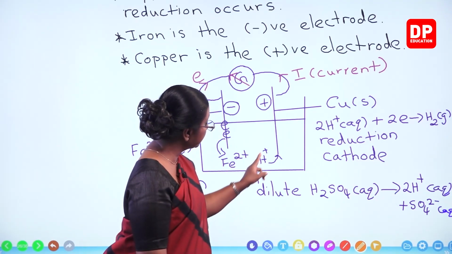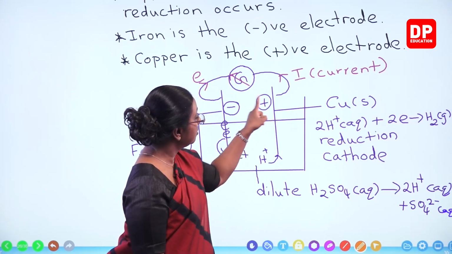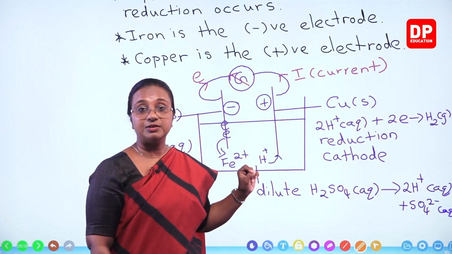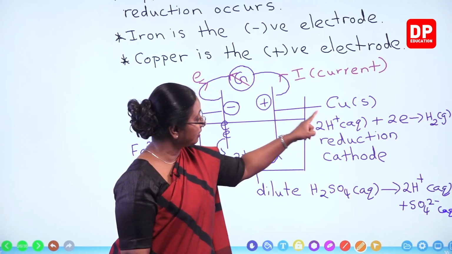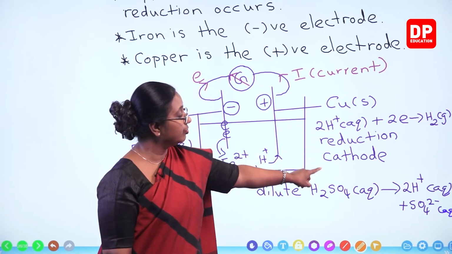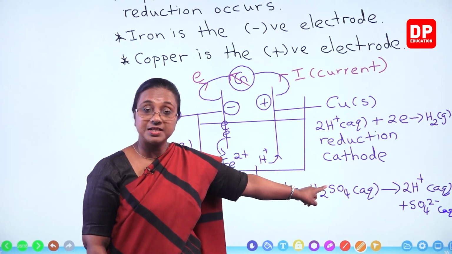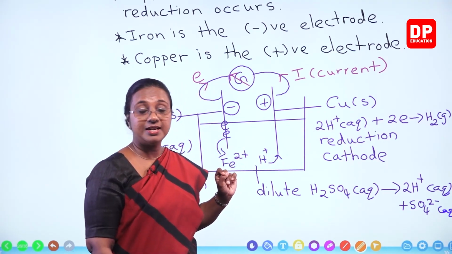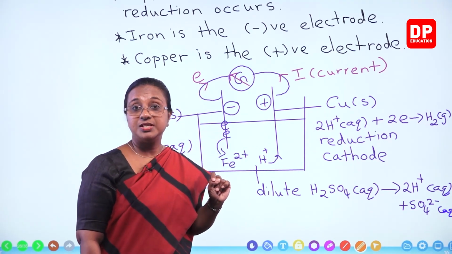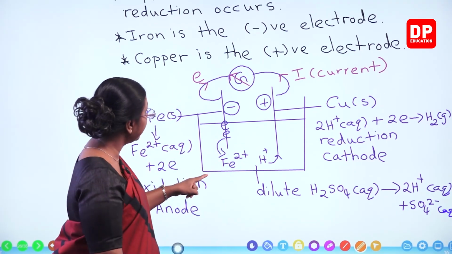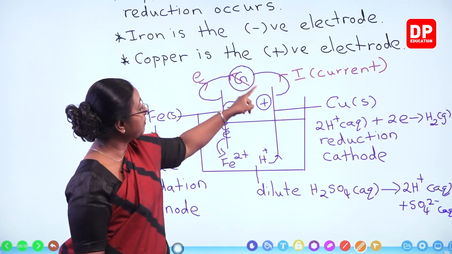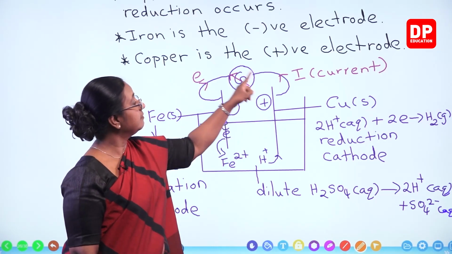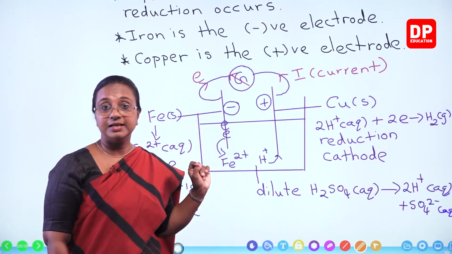At the same time, H plus ions from the solution move towards the copper electrode, where they take up electrons from copper and get reduced. Because of that, copper becomes the cathode, and because copper gives the electrons to hydrogen ions, copper becomes positively charged. And then electrons flow from iron to copper, current flows from copper to iron.